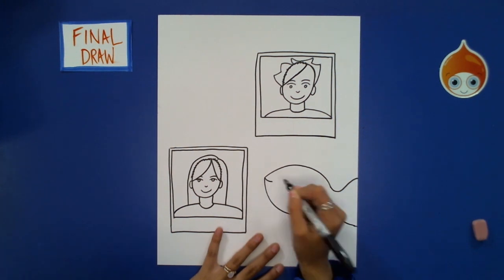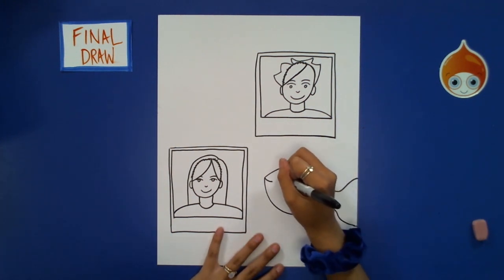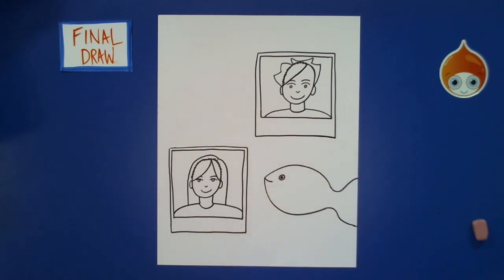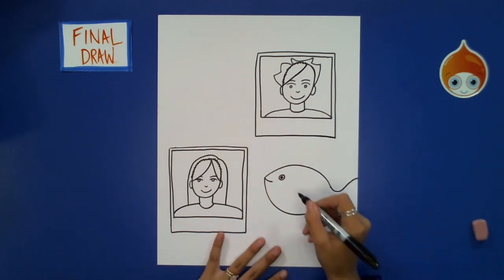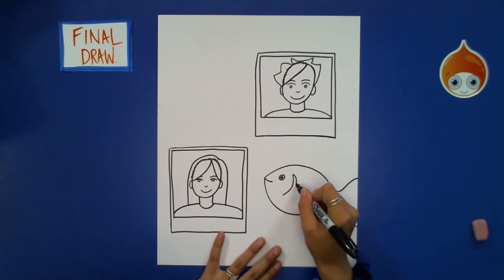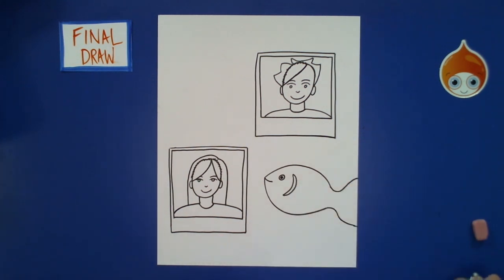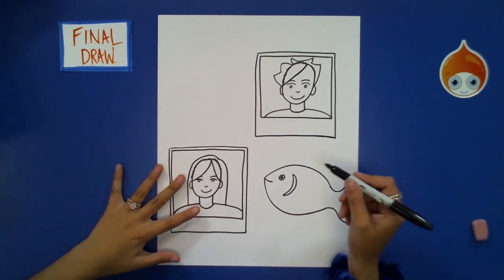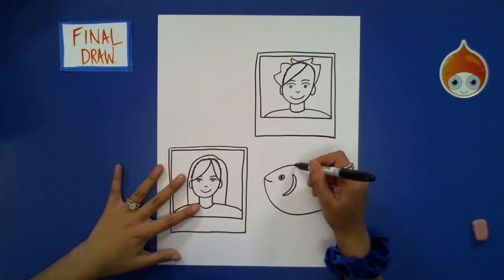So now that I have the body of the fish, I'm going to add in the details. So I'm going to draw a curved line for the mouth, and then a circle for the eye, and a smaller circle inside. Then I'm going to draw a little detail on the inside of the head. And then I'm going to draw the fin.